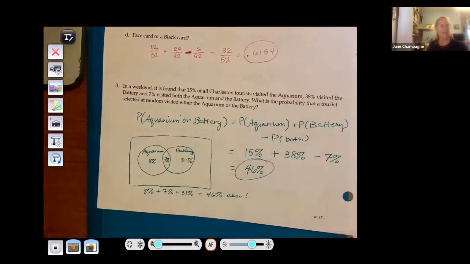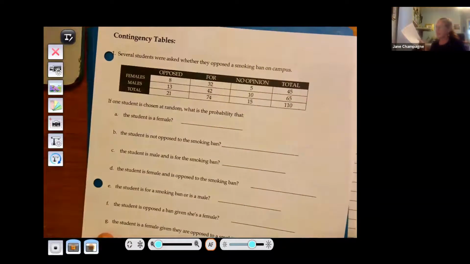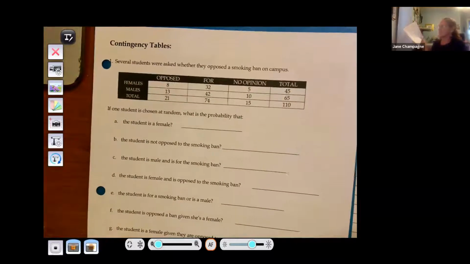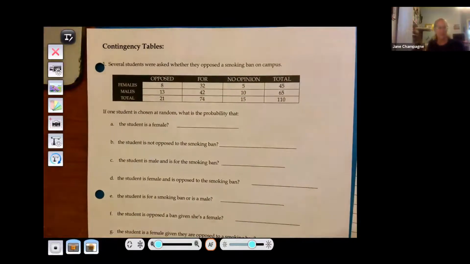So then we have contingency tables. You might have seen some of these already. I mentioned these a little bit last time. In fact, I wanted to make our own contingency table maybe as well.